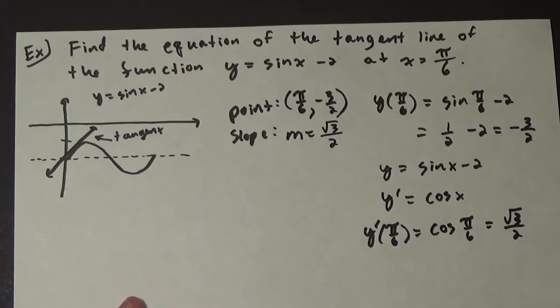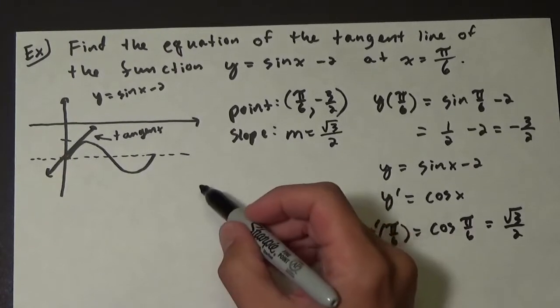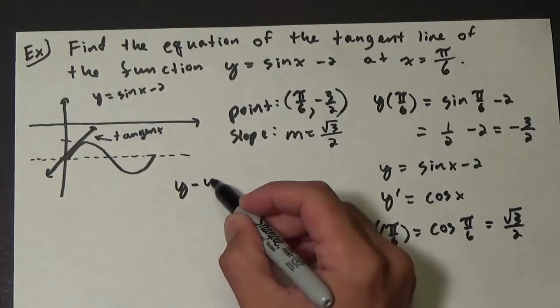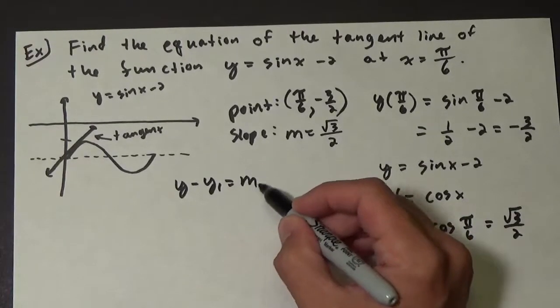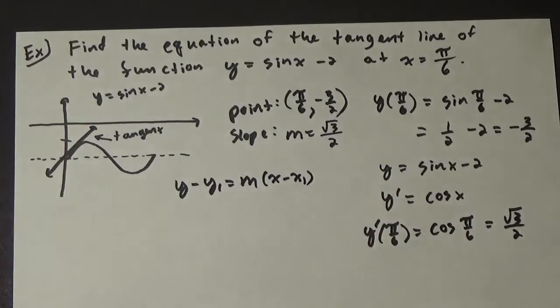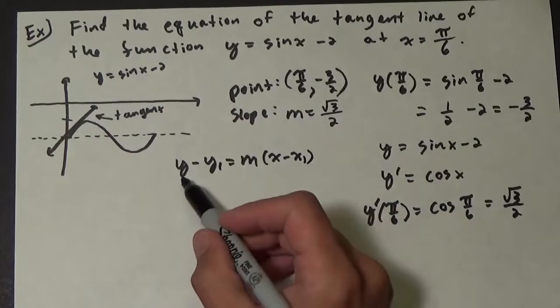Okay, so we can write the equation of our tangent line. I like to use point slope form. y minus y1 equals m times x minus x1.